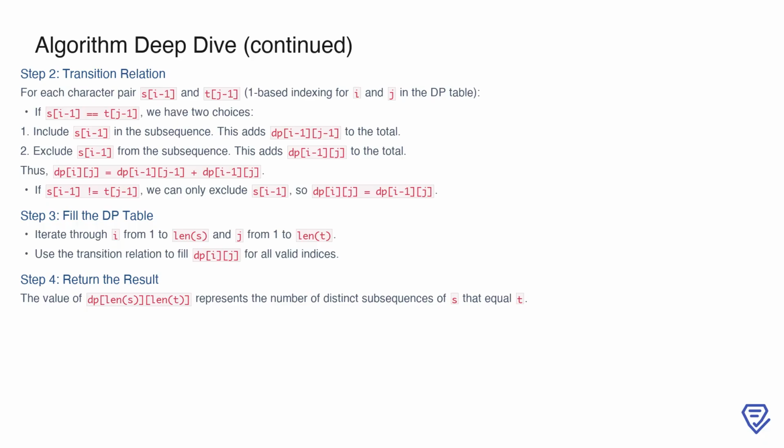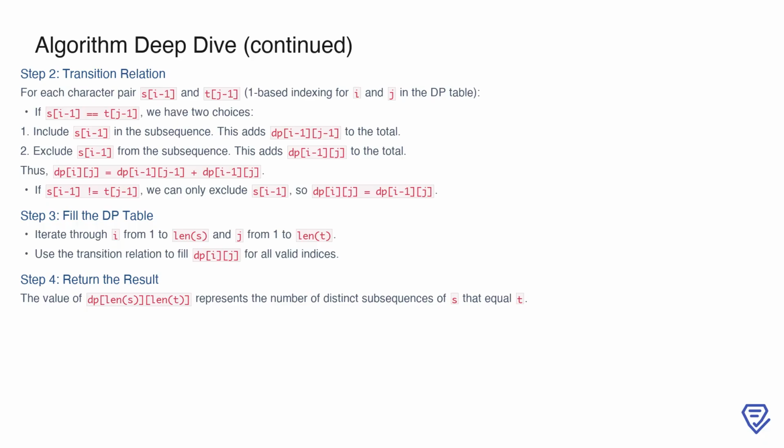Therefore, the value of DP[i][j] in this case is the sum of these two contributions, DP[i-1][j-1] plus DP[i-1][j]. On the other hand, if the characters don't match, we can only exclude S[i-1], and the value of DP[i][j] is simply DP[i-1][j]. Using these rules, we iteratively fill the DP table by processing each combination of i and j.